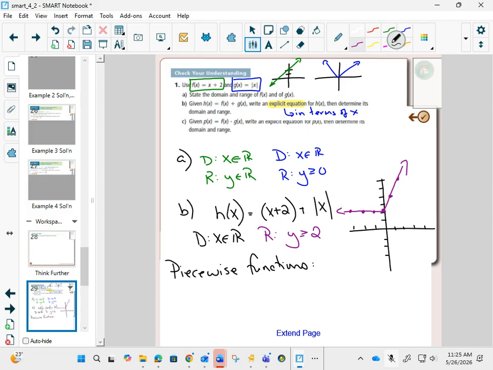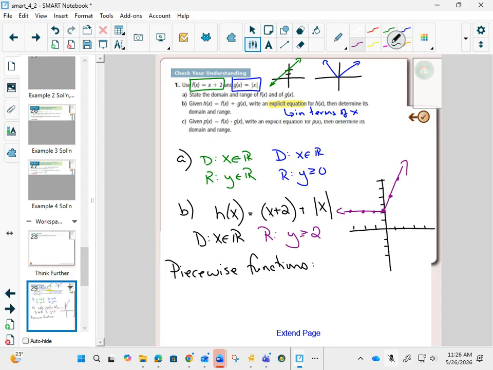One of them is flat at 2, and one of them has a different slope. And so it's the flat part at 2 when x is less than 0, and it's the slopier part when x is bigger than 0. And when you can only define a function as 2 different pieces, it's called a piecewise function.